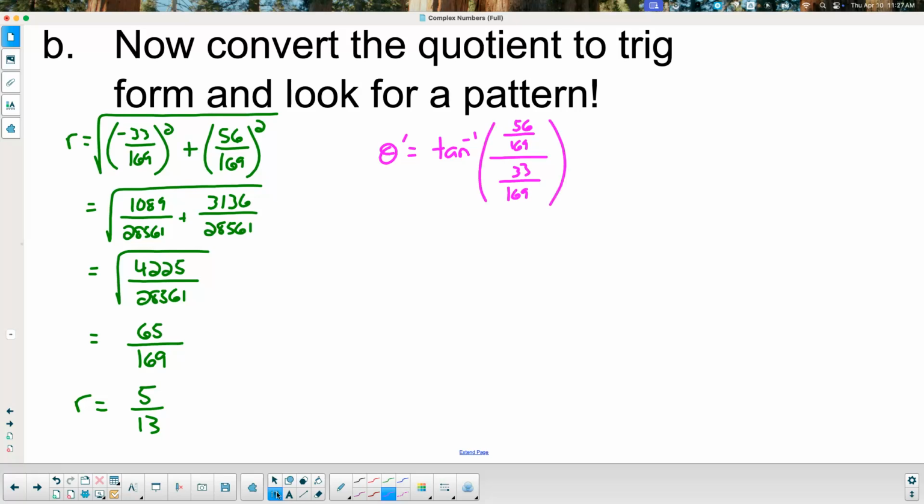Keep change flip means that that's really going to be the inverse tangent of 56 over 33. 56 divided by 33. Inverse tangent of 56 divided by 33 gets me 59.490.